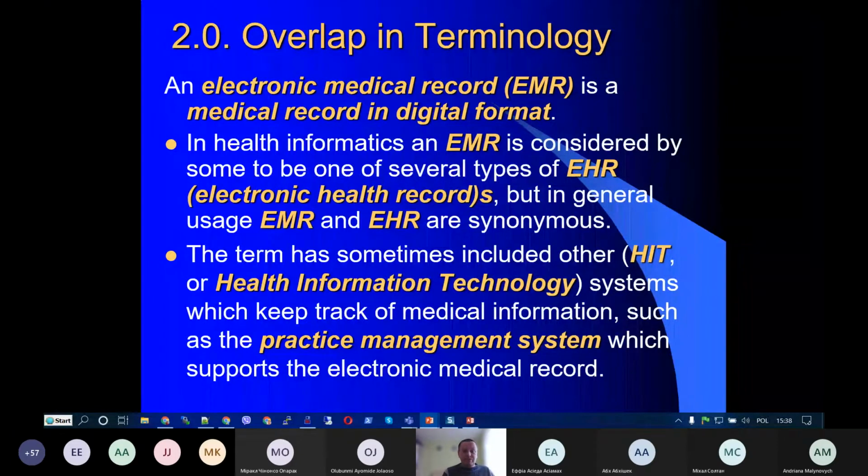So sometimes the term EMR is used as a replacement to denote a particular system like a hospital, clinical or medical information system in general. It's also not totally wrong, but it would be better to avoid this and use the proper term in the proper circumstances.